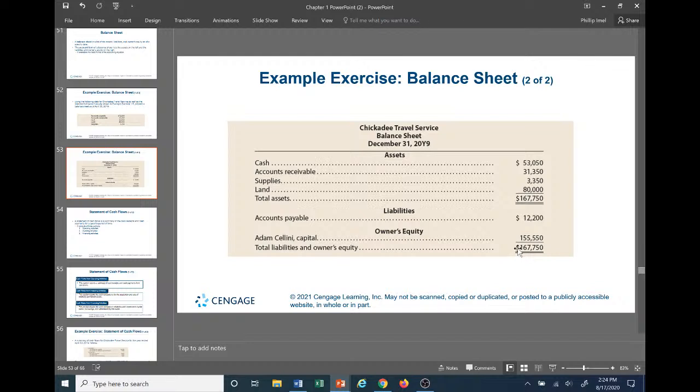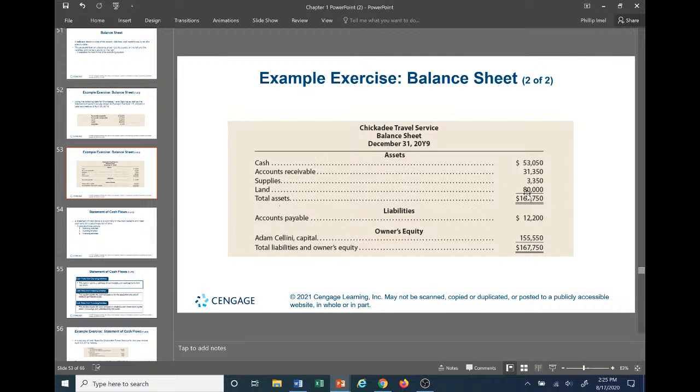So the owner's equity has to equal $155,550, which is the difference between the $167,750 of assets and the liabilities of $12,200, because recall, assets equals liabilities plus owner's equity. So $12,200 plus $155,550 is the same as $167,750 for total liabilities and owner's equity.